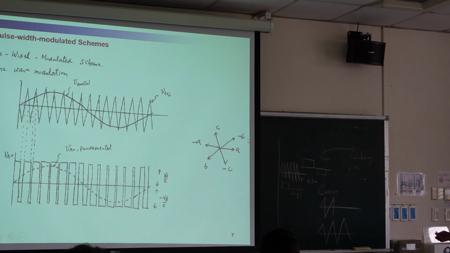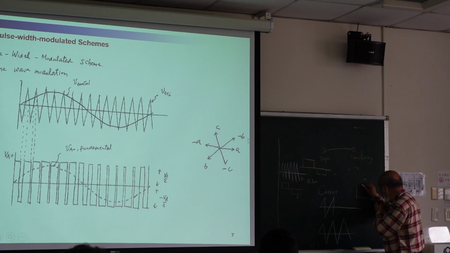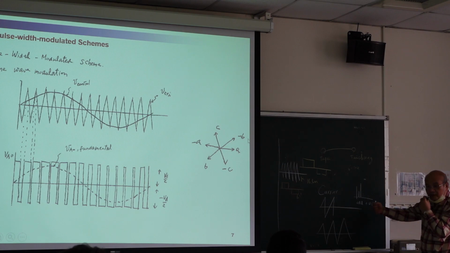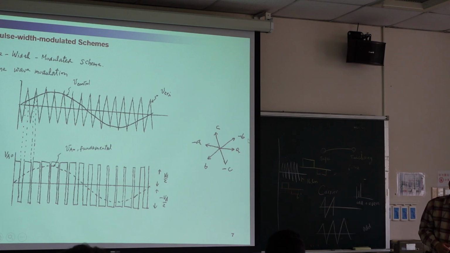From the math you can prove that if you use this, then you create both even harmonics and odd harmonics. If you use this, you can remove even harmonics, so you only have odd harmonics. So which one is better? Triangular.